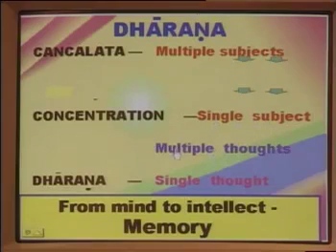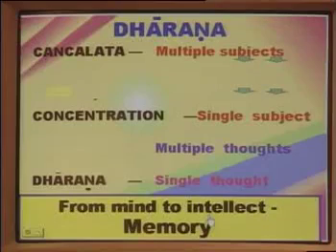From there, from multiple thoughts, you go to the next, a single thought. That is dharana. Dharana is to fix the mind on a single thought. Desha bandhash chittasya dharana. That's how Patanjali defined dharana, the process of focusing the mind on a single thought.